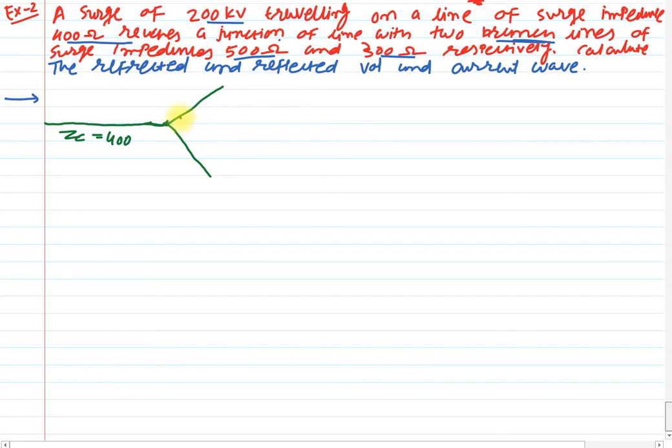Here the two different branches have surge impedance of, say, Z1 with 500 ohm and Z2 with 300 ohm. The magnitude of the traveling wave on this transmission line is 200 kV, which is equal to EF.